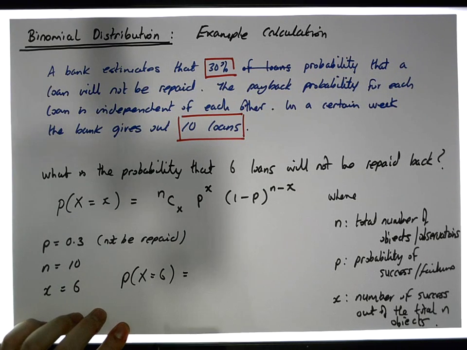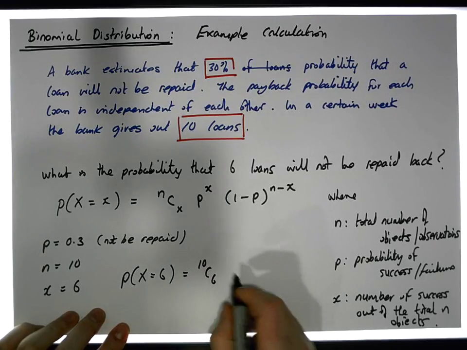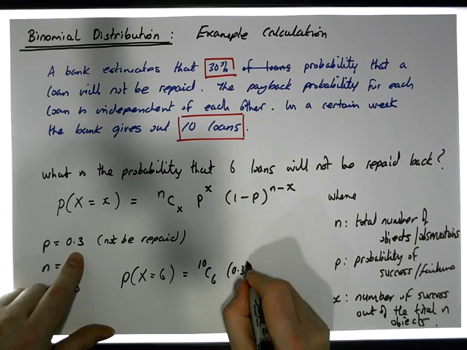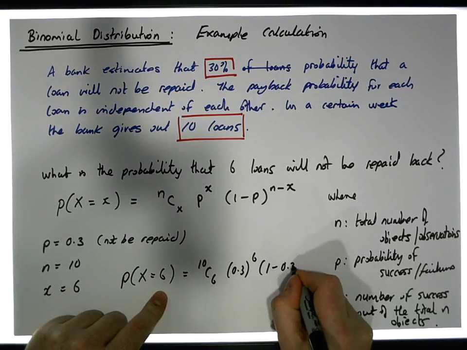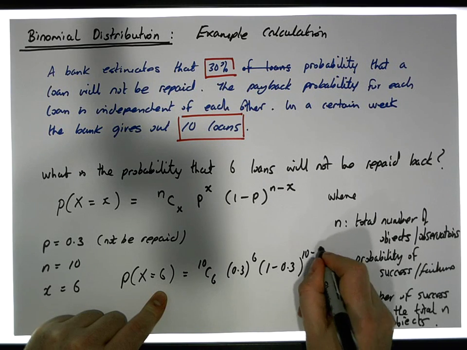What we calculate is NCX, which is 10C6, times P, which is 0.3, raised to the power of X, which is 6, times 1 minus 0.3, raised to the power of 10 minus 6.